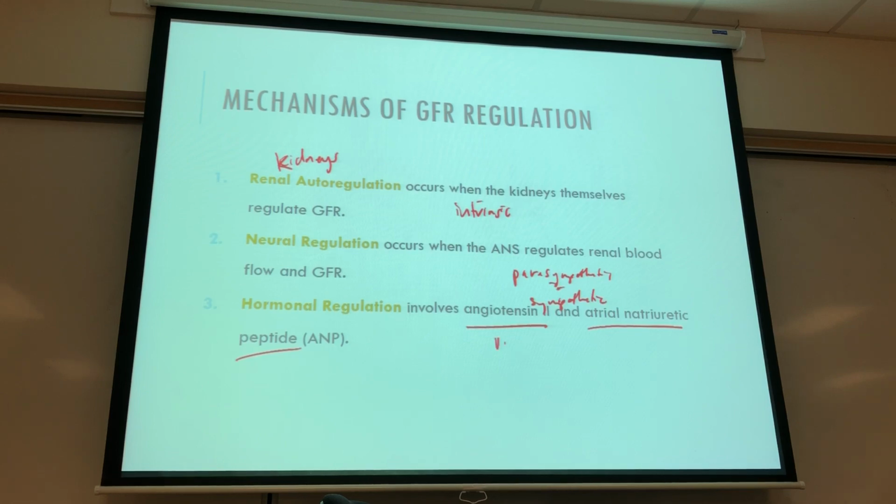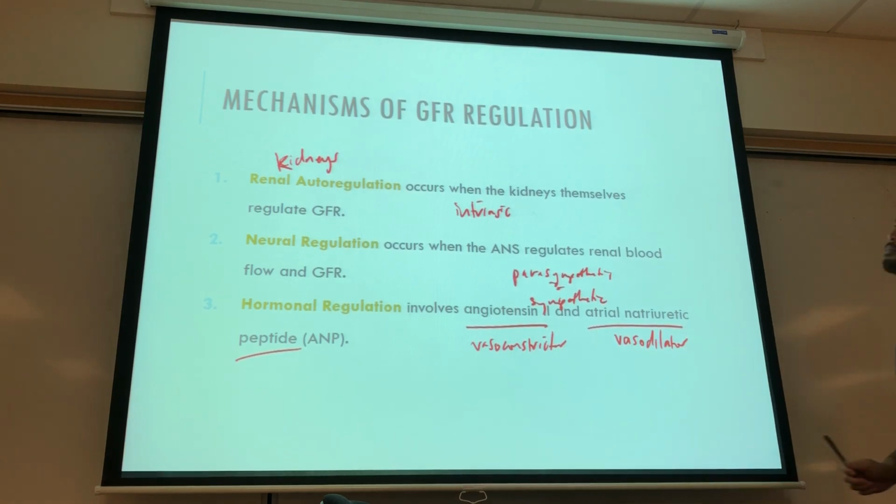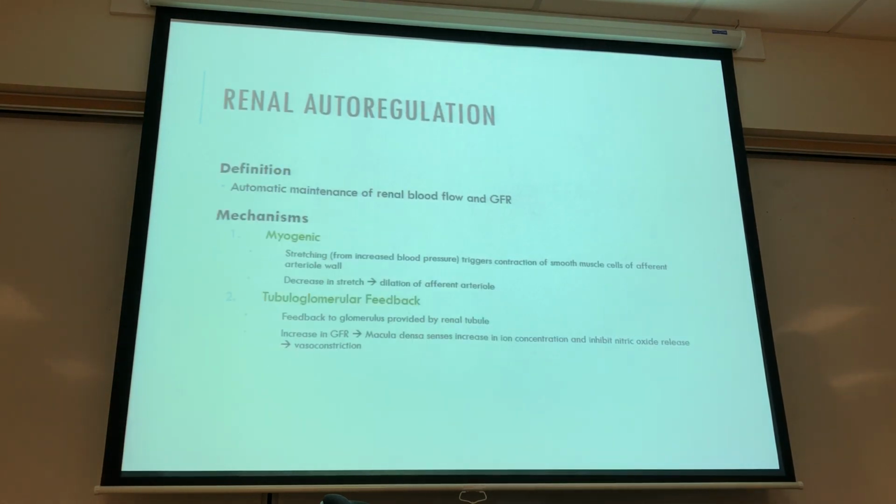Angiotensin II was our potent vasoconstrictor, and ANP was our potent vasodilator. So these two have antagonistic effects with one another. We'll be able to see all these on the next slide.